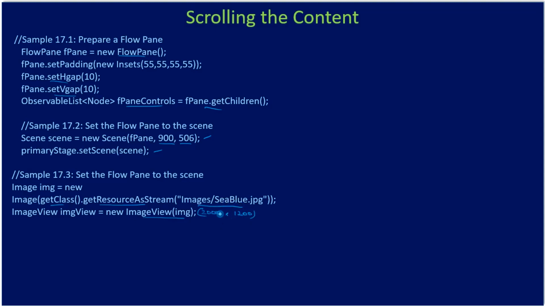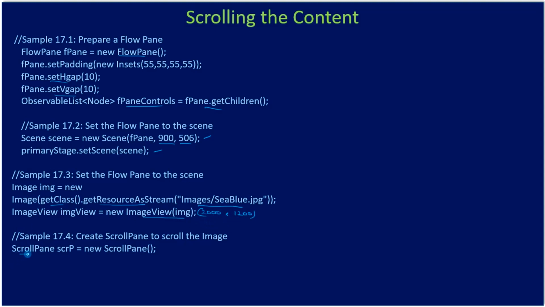And you can see that this image cannot fit inside the stage. So to make it viewable, we will make use of ScrollPane and scroll bar support so that the user can view any portion of the image by scrolling the content.